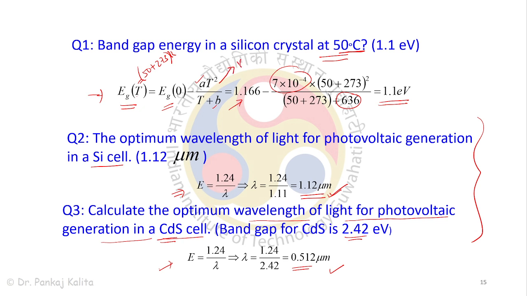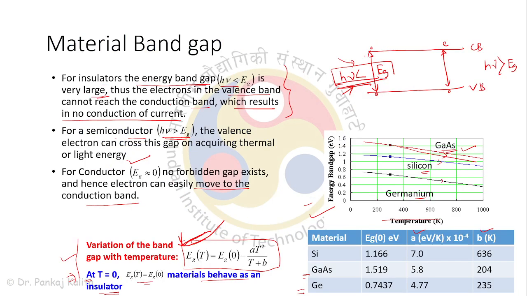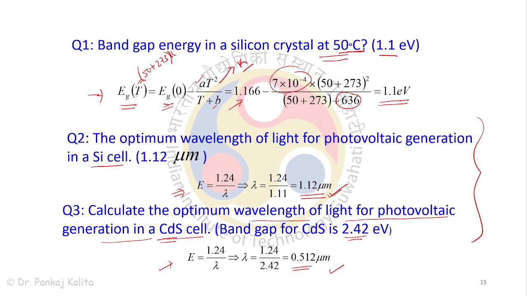Wherever we are dealing with solar PV, we always have to use Kelvin. Okay, so EG0 you can get from the table. This data will be provided to you, and you just have to put in all the values and you can get the band gap energy at 50 degrees Celsius, which is 1.1 electron volt.